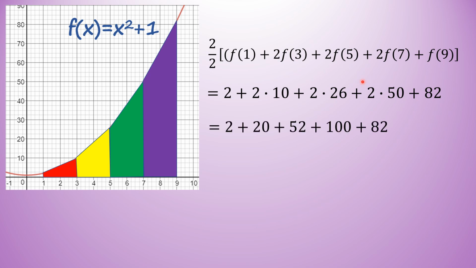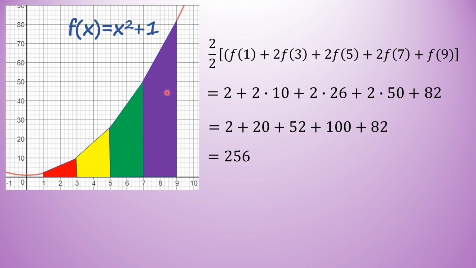Multiplying those three middle terms by 2 gives me these 5 terms, and they have a sum of 256. So our approximation for the area between the curve and the x-axis from 1 to 9 is 256 square units, using the area of 4 trapezoids to do the approximation.